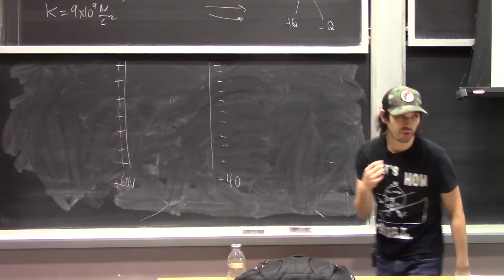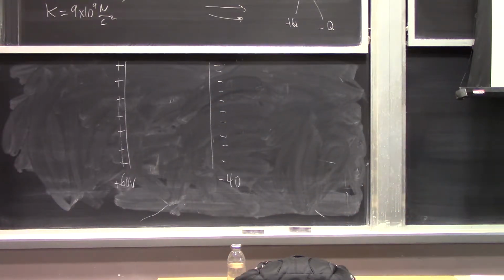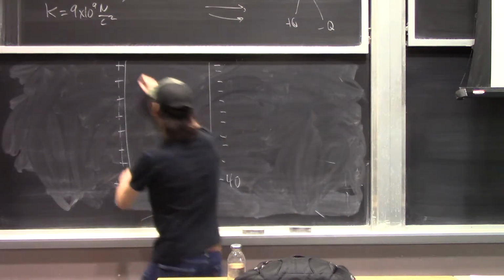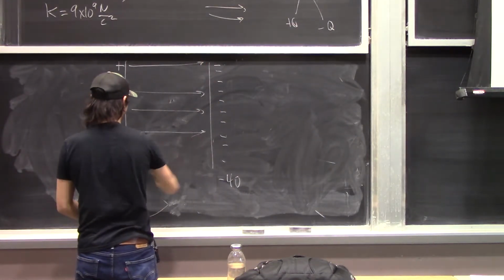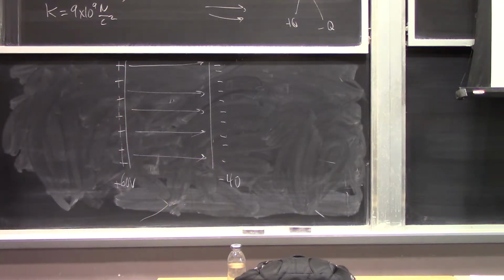The first thing we want to do is draw the direction of the electric field. How's the electric field going to point here? It points right, from the positive plate to the negative plate. Why?